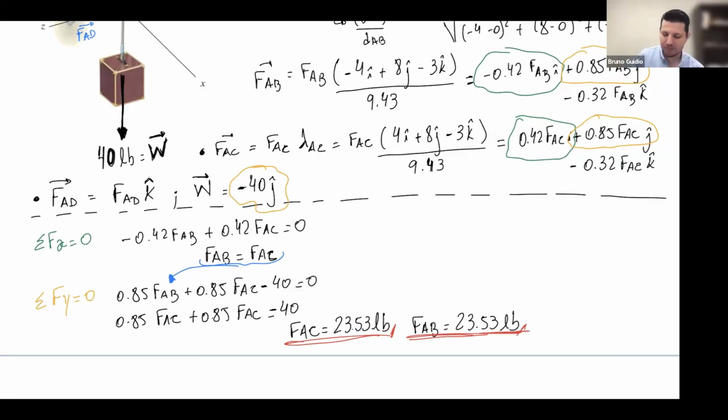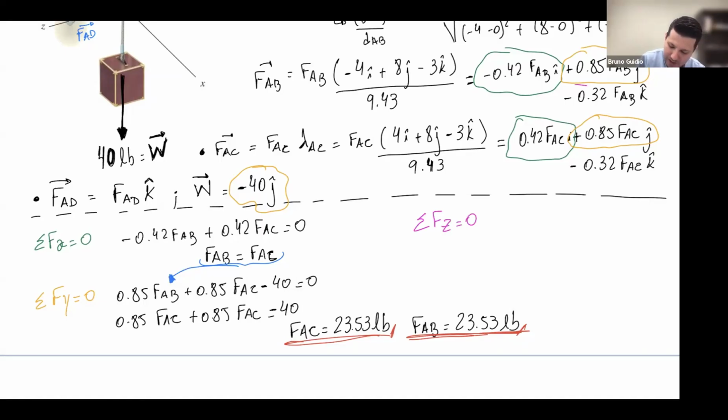The only one I'm missing is FAD, which I will find from the sum of the force. This yellow is not that good, right? Let me see if I can change this yellow. Pink. Let's use pink. Sum of the force in Z should be 0.